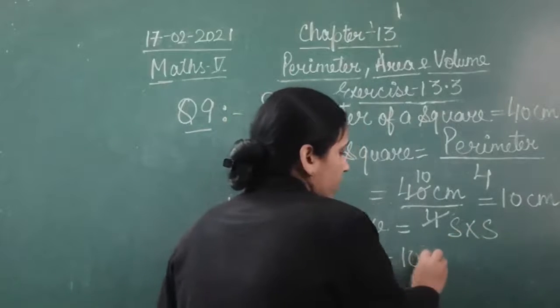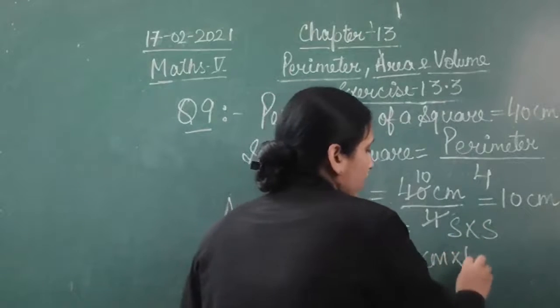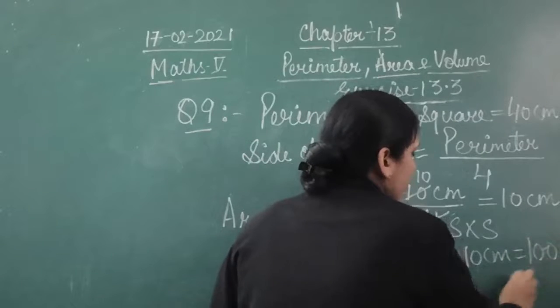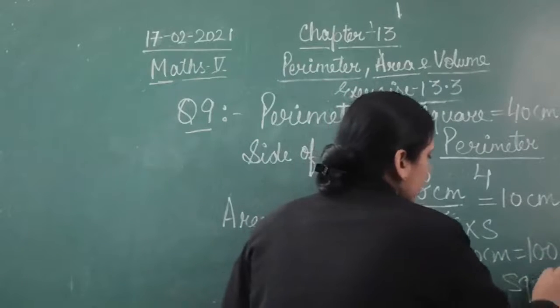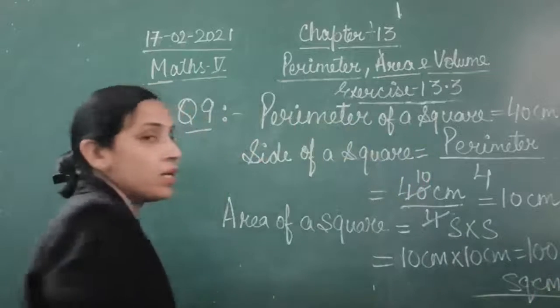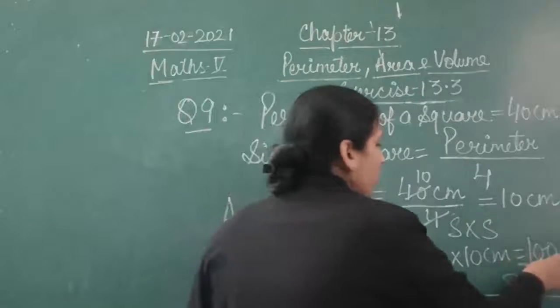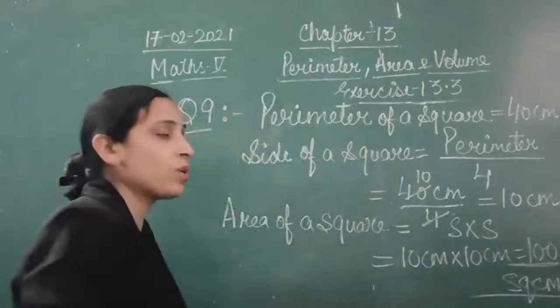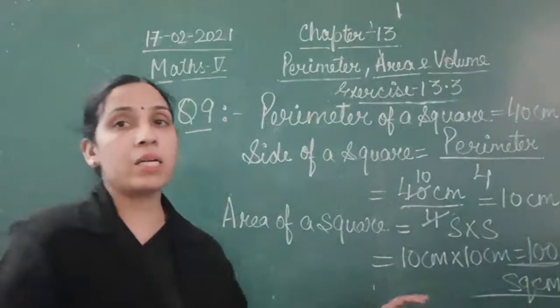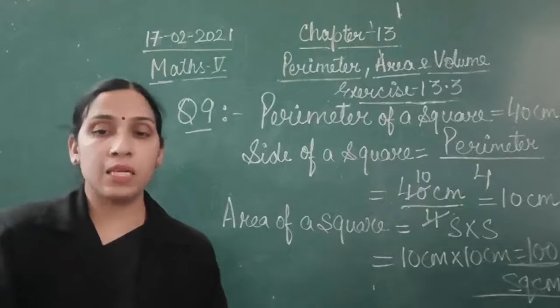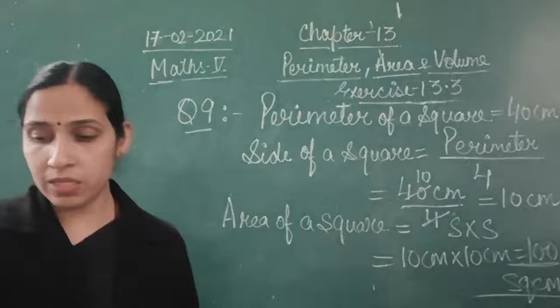So 10 centimeter multiplied by 10 centimeter. 10 tens are 100 square centimeter. 100 square centimeter will be your answer.